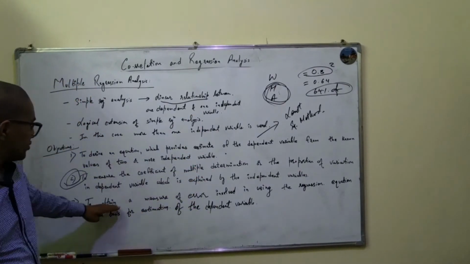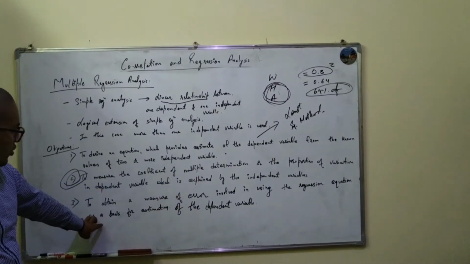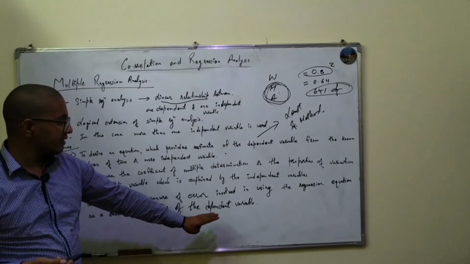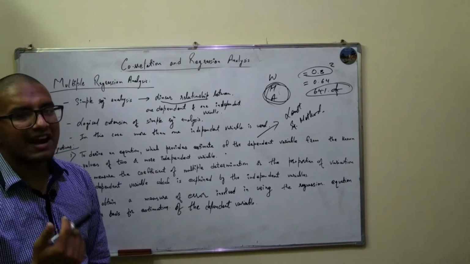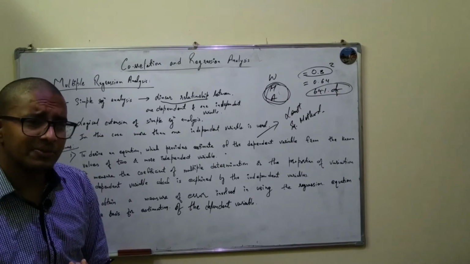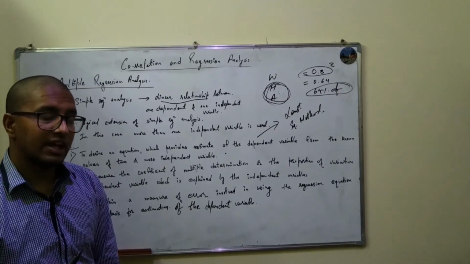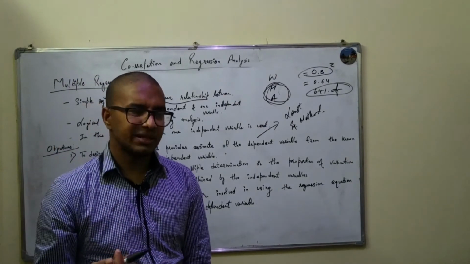Okay, and then to obtain the measure of error in the regression equation as a basis for estimation of the dependent variable. So how much will that error be, and how much will that impact the dependent variable? That's what we will be looking at. So that is the third objective. When we do the formulas about standard error, that will make us a bit clear.